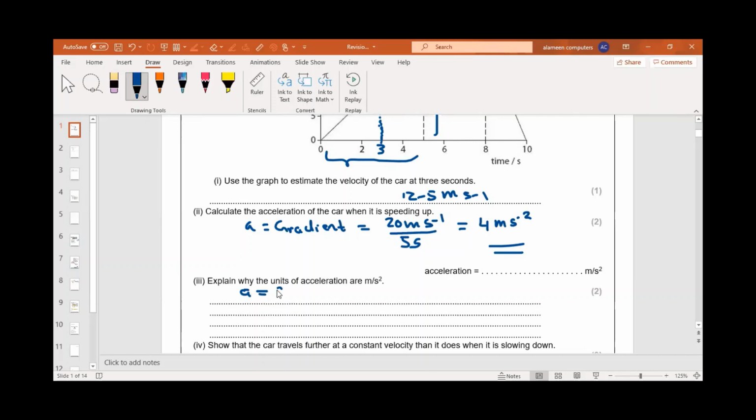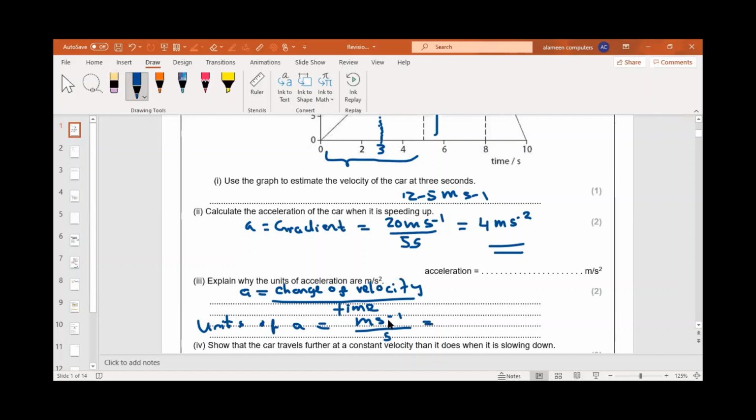So acceleration is equal to change in velocity over time. So then units of acceleration should be equal to units of velocity, meters per second, divided by units of time, seconds.